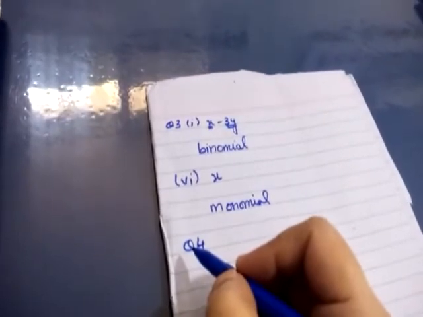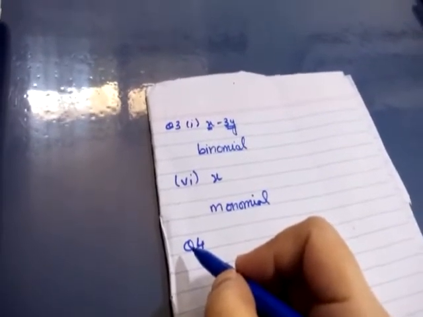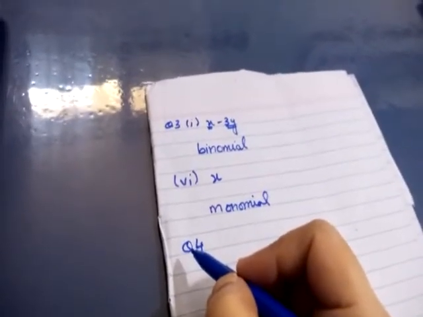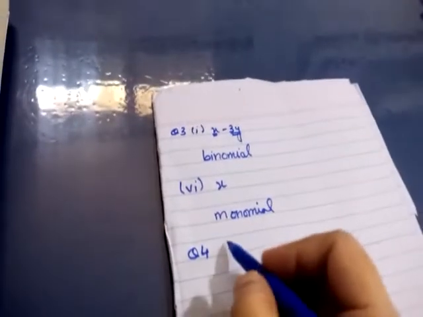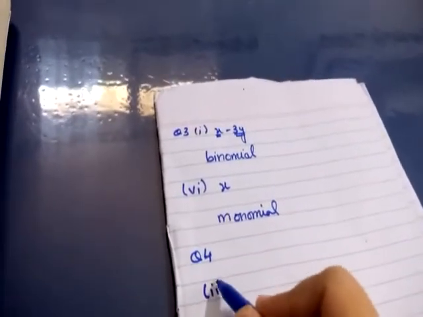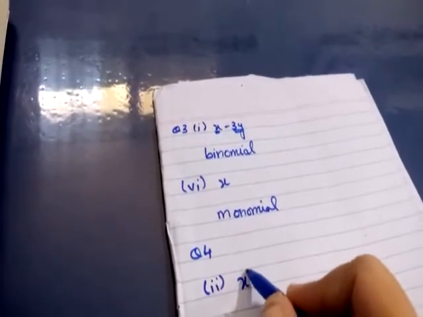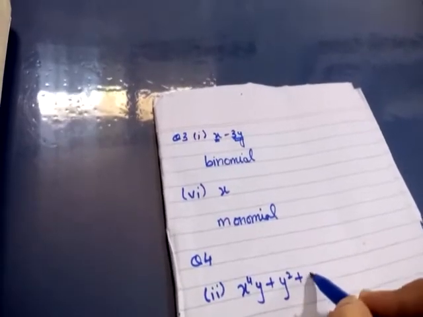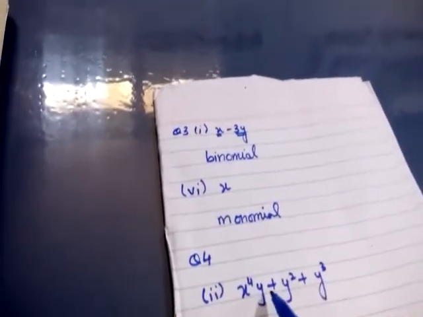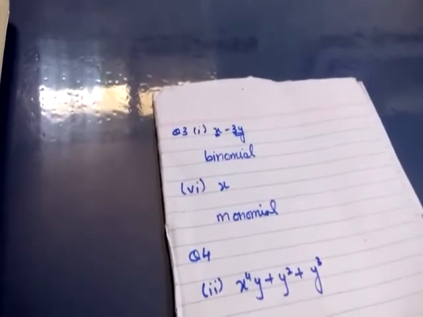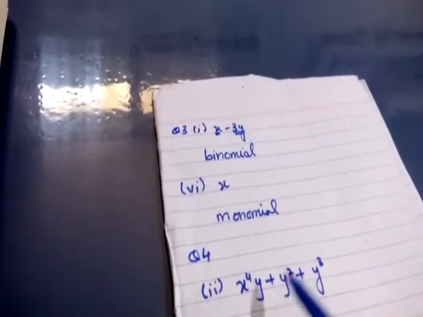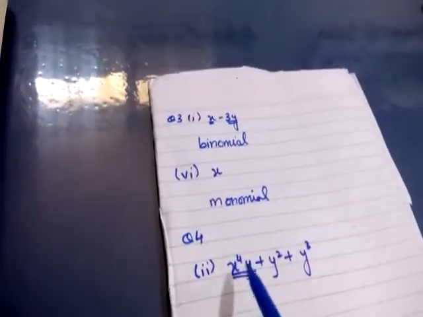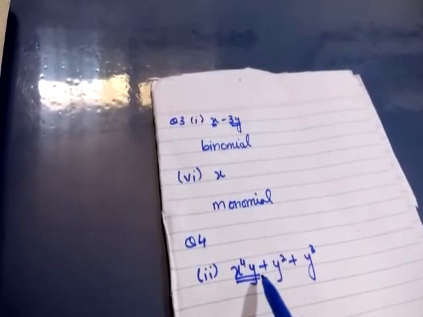Sometimes we have more than one term. So in that condition, how do we decide the degree of the polynomial? Suppose I am explaining the second part of question 4. We have x^4 y plus y square plus y cube. In this question, we have 3 terms, and in these 3 terms, we have different powers. But in the first term, you see that 2 different variables are used here, x and y.